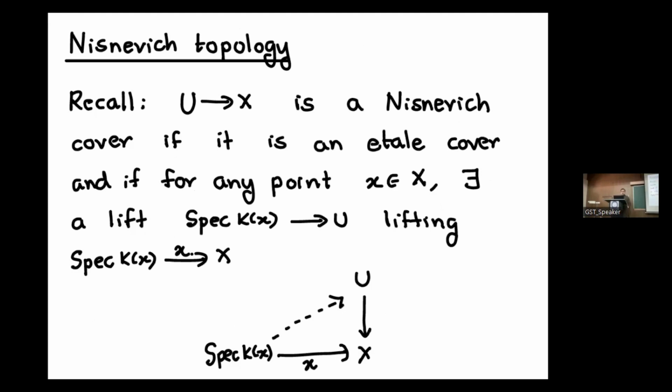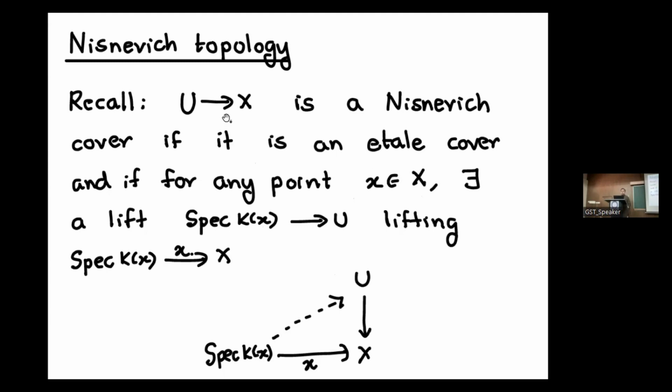But now let me come back to the Nisnevich topology, because one of my objectives for this talk was to give a little more clarity on why we are talking about it. Recall that U to X is a Nisnevich cover if it's an étale cover, and for any point little x of X, it can be lifted to U. The point x has residue field kappa x, so it's a kappa x rational point.